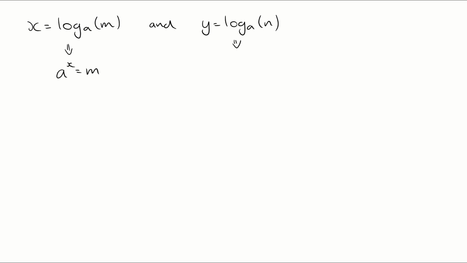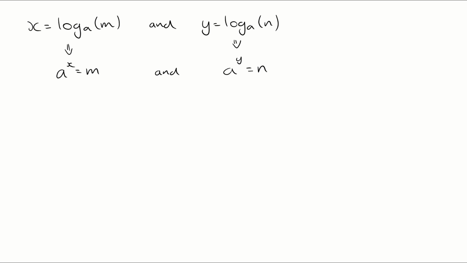The next one is the subtractive law of logarithms. So let's let, again, x be equal to log to the base a of m, and we will let y be equal to log to the base a of n. Once again, if I convert these into indice form, we're saying that a to the power of x is equal to m, and a to the power of y is equal to n.